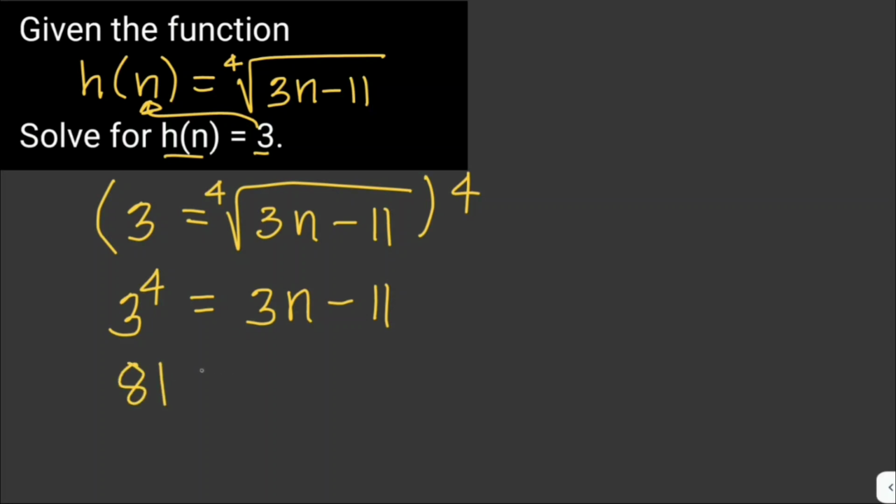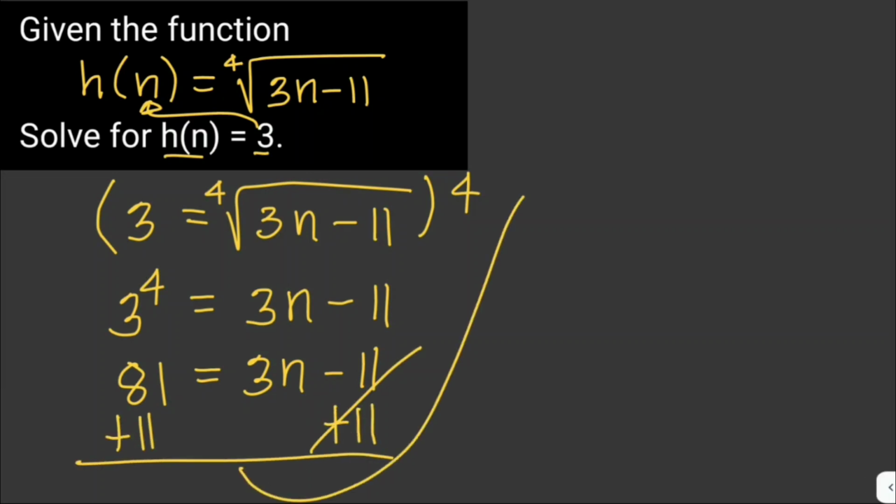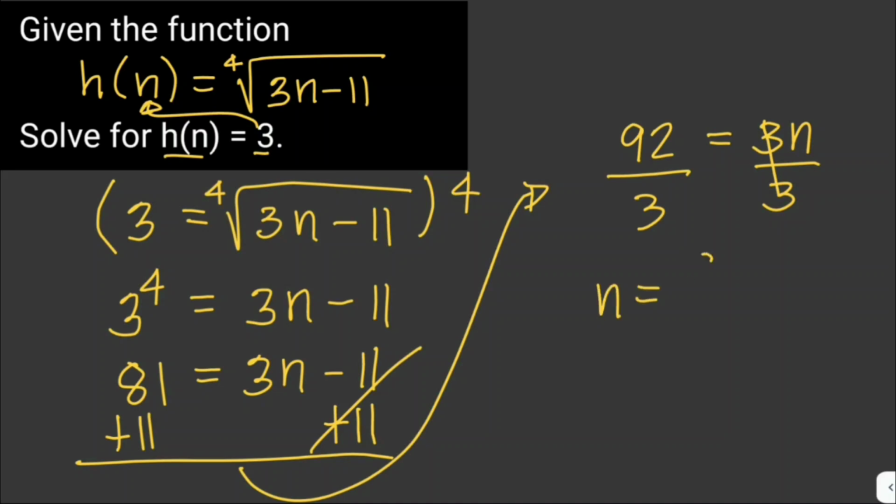So this is just 81 equals 3n minus 11. And then we add 11 to both sides, and we have 92 equals 3n. And then we divide both sides by 3. Therefore, n is just equal to 92 over 3. So this is our answer here.